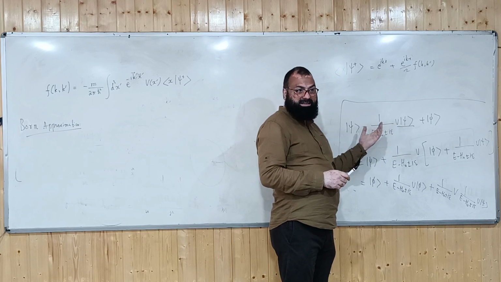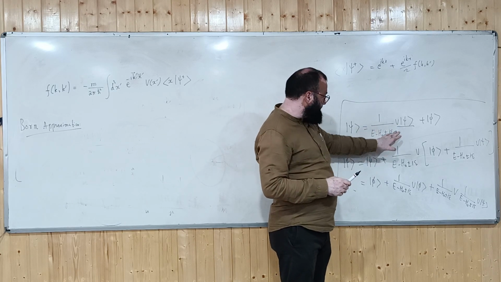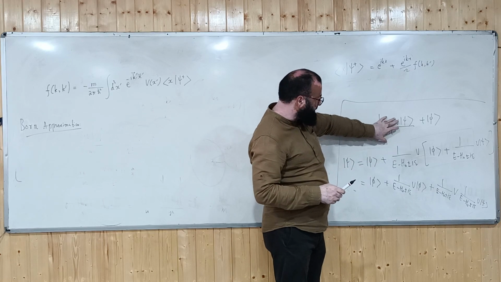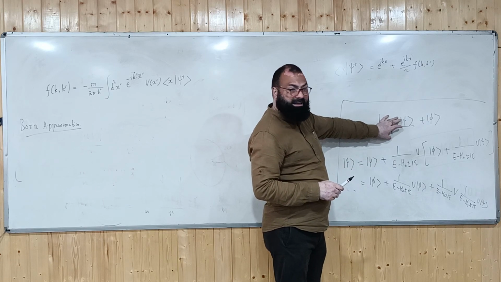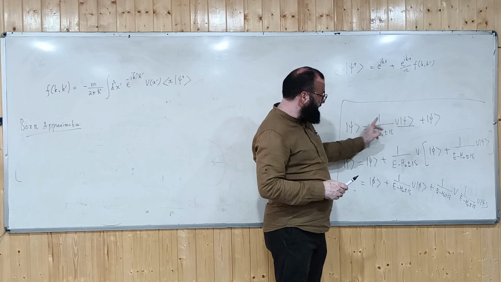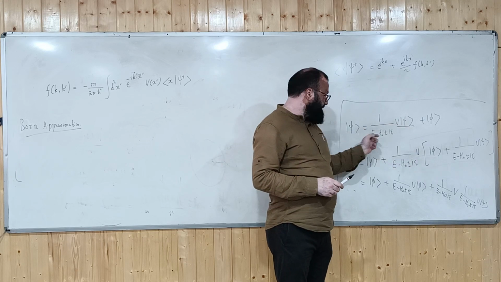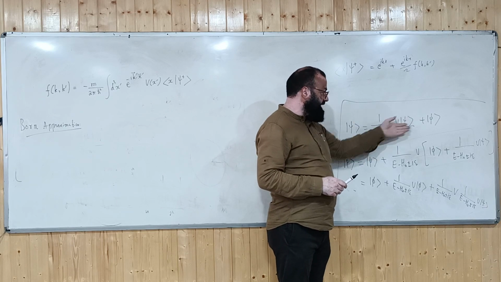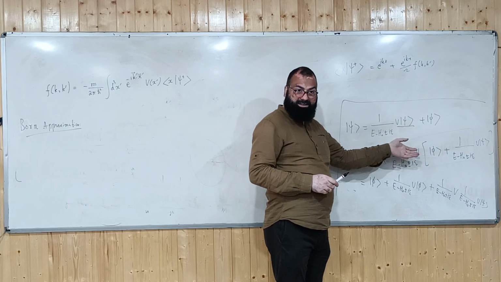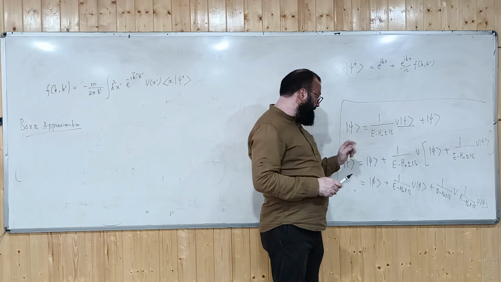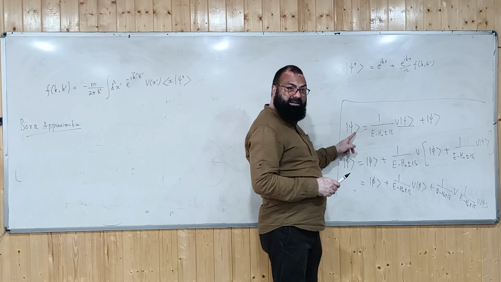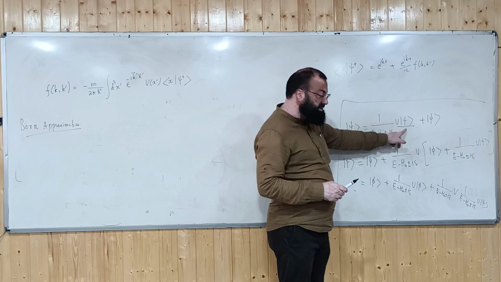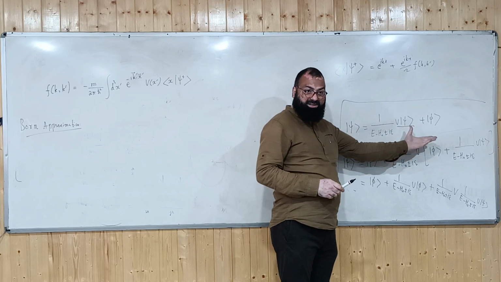So how to solve this thing? There is an approximation if this V is small, if the magnitude of these terms is small. In other words, I can make use of the recursion such that I expand in a perturbative fashion. What I mean by that is, let's keep this psi as such, and replace this psi by this complete expression.